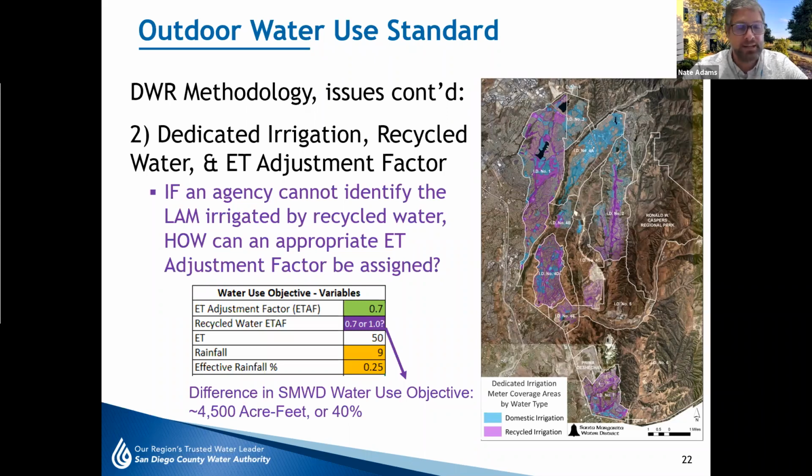To say it another way, by knowing where your areas of recycled water are and applying that 1.0 ET adjustment factor only to the landscape area using recycled water, an agency might be able to gain 40% more budget, or 4,500 acre feet. And that's significant. Next slide, please.